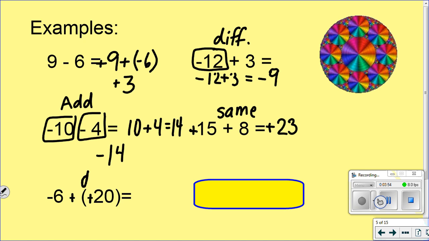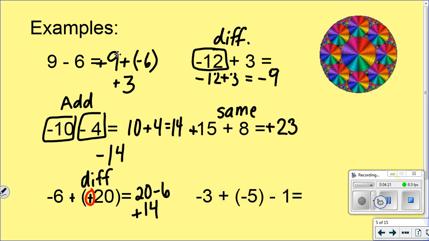So now I have different signs. I have a negative and I have a positive. So I'm going to go ahead and subtract. So 20 minus 6, and that's going to give me 14. Remember, you want to take the sign of the larger number. Well, the larger number is 20, and that sign is positive. So it's going to be positive 14.